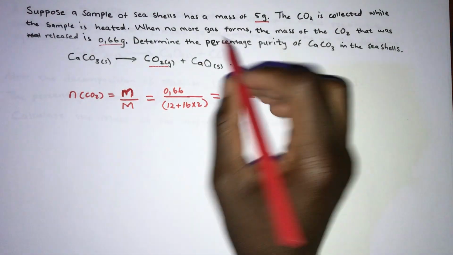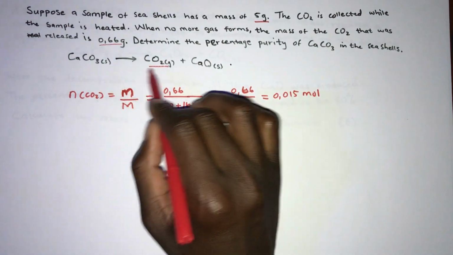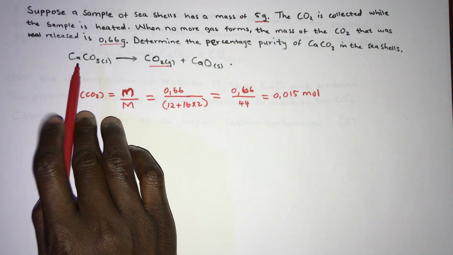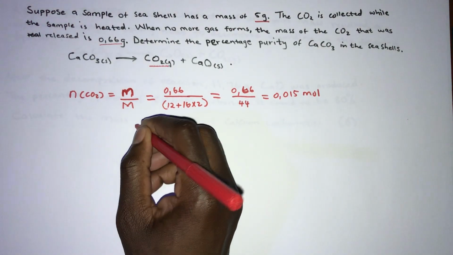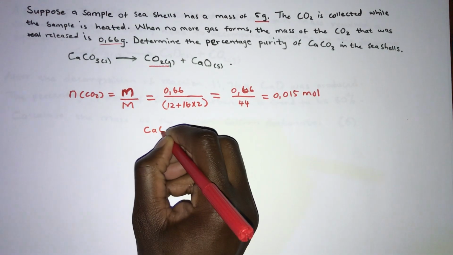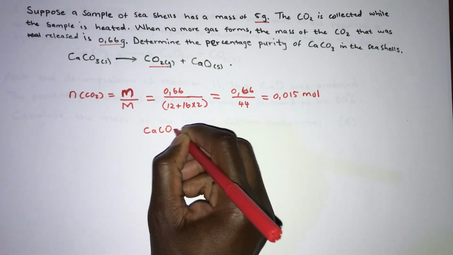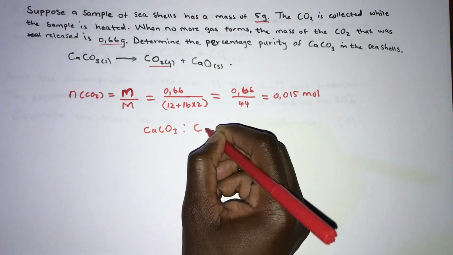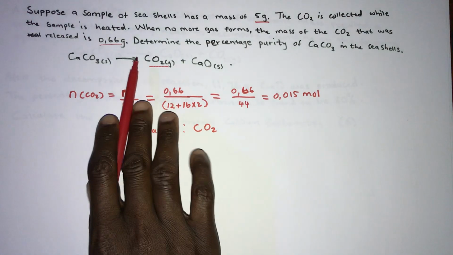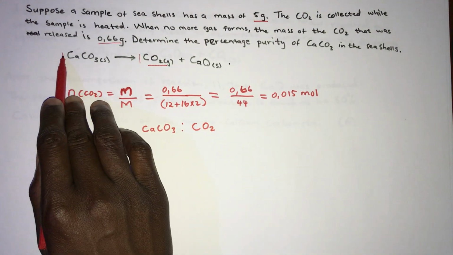Now, since we have the number of moles of carbon dioxide, we can use the mole ratio to get the number of moles of calcium carbonate. The mole ratio is calcium carbonate, CaCO3, to carbon dioxide, CO2. The ratio is 1 to 1, the coefficient.